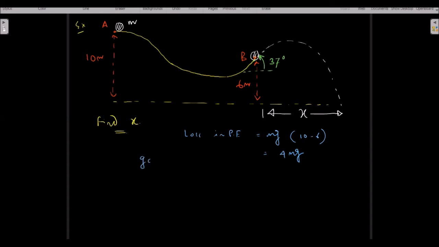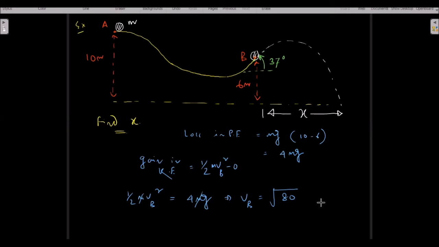Now gain in kinetic energy, that is obviously half m vb square minus 0. They should be equal. So half m vb square is equal to 4 mg, this m gets cancelled. So vb is equal to root under 8g, means it becomes 80.